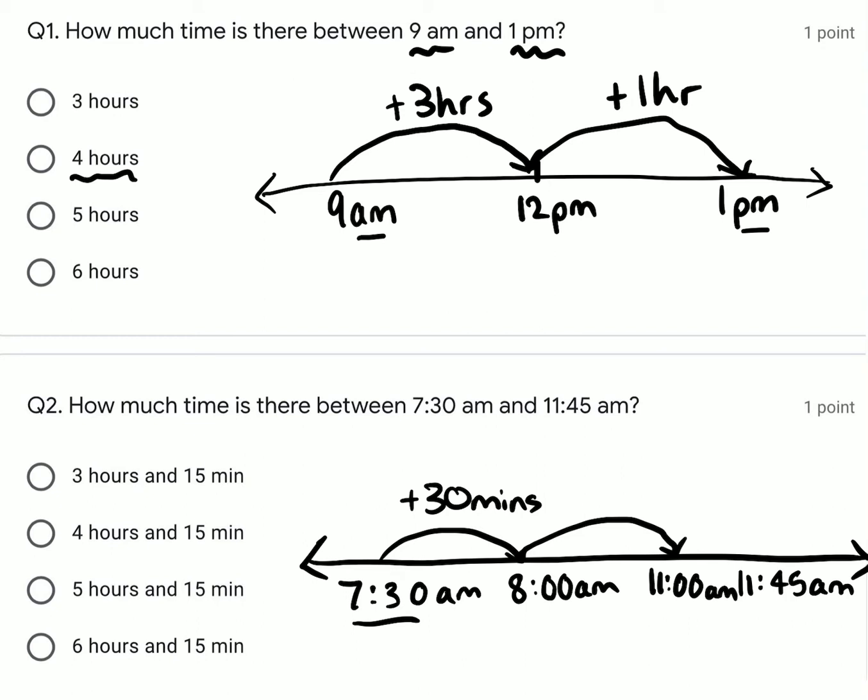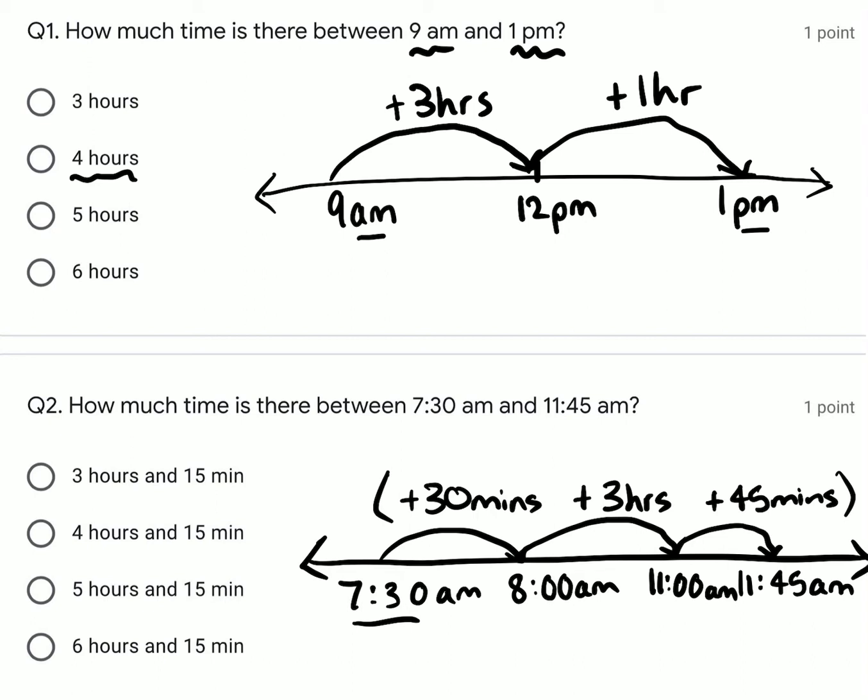From 8 to 11, how many hours is that? That's just 3 hours. And then finally, one more step, super easy, from 11 a.m. to 11:45 a.m. Well, that's just 45 minutes. So now we just need to work out how much time passed in total.